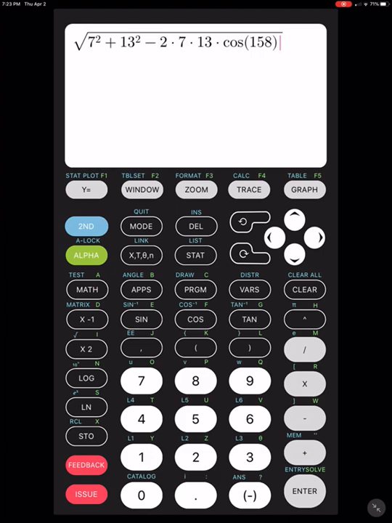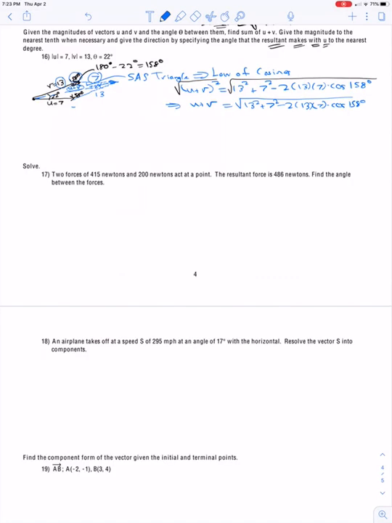But there's cosine 158, and if we hit enter, we get what? We get 19.66. So rounding to the nearest tenth, we get 19.7 units. So 19.7, there's the magnitude of vector u plus v, rounded to the nearest tenth. So we've got its magnitude. Let's go give its direction.